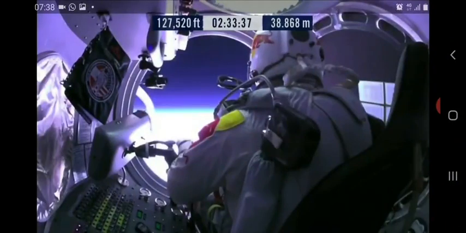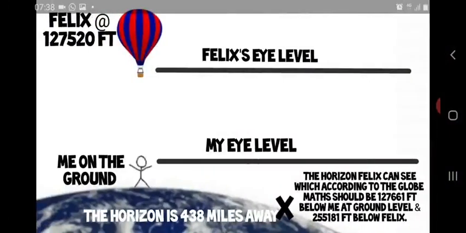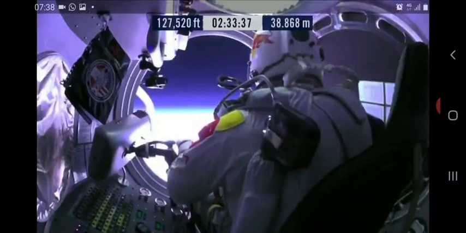Look how ridiculous that is when you compare that horizon of a world record jump using the globe mathematics and of course 2 points of reference and the horizon. It's ridiculous. Felix is up there 127,000 feet above me. I'm on the ground. The horizon Felix is seeing, according to the globe maths, should be over 127,000 feet below me, and I'm on the ground. And yet Felix is seeing it right there.